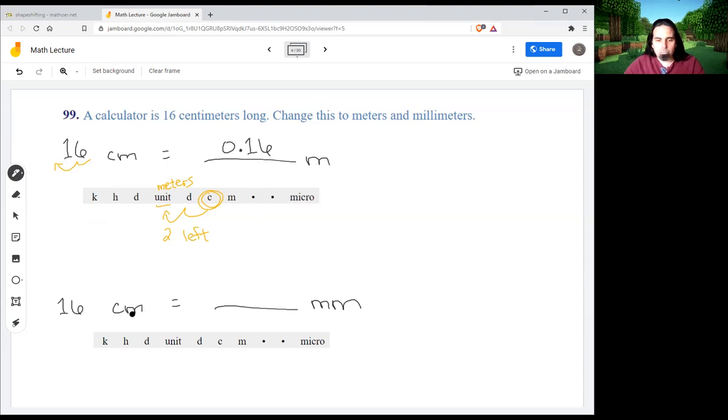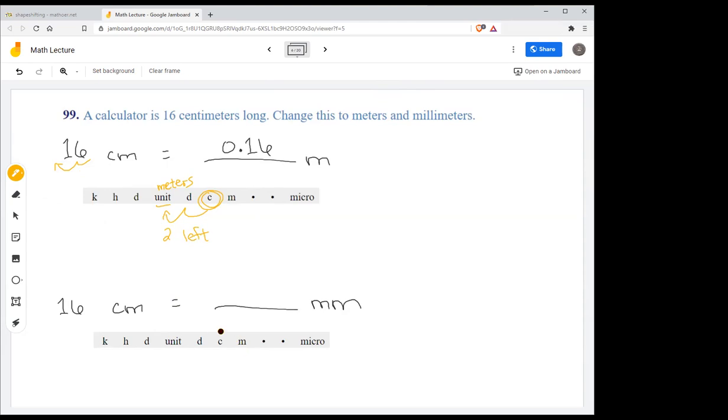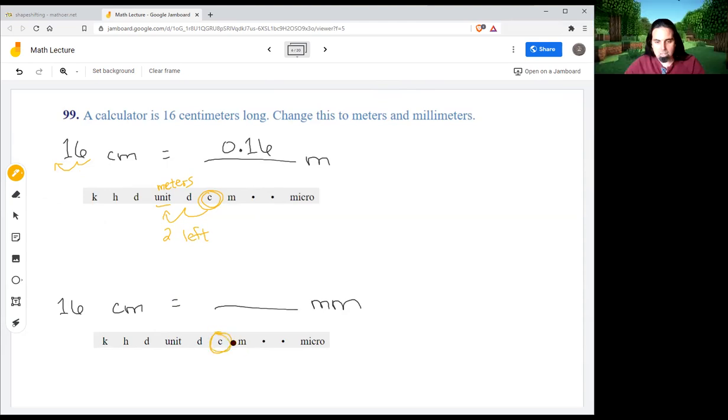How about going from centimeters to millimeters? This is what you were thinking before. You going to the right? Yeah, it's from centa to milla. So 1 to the right.